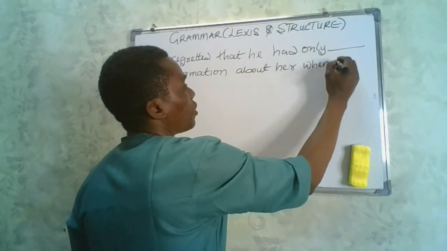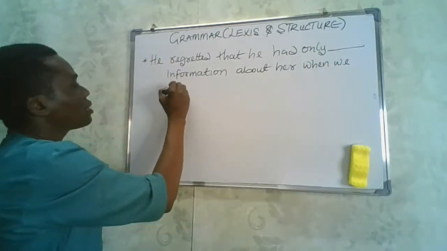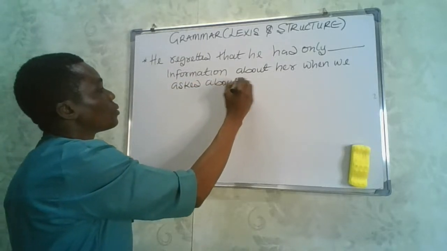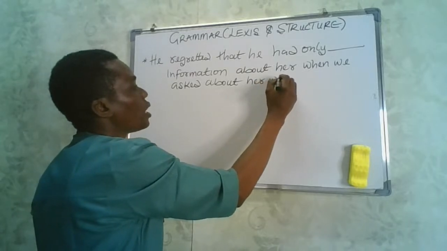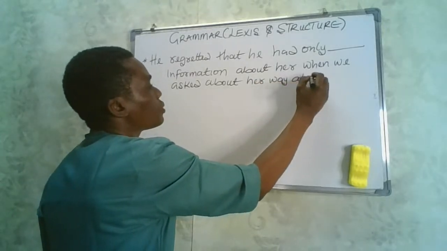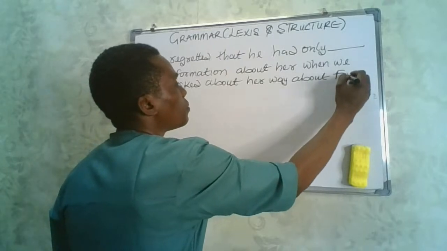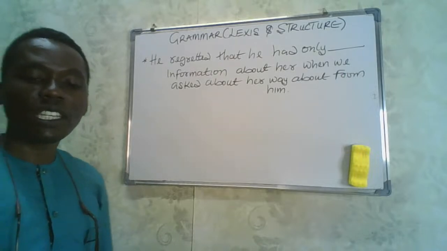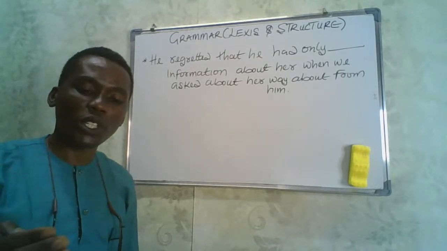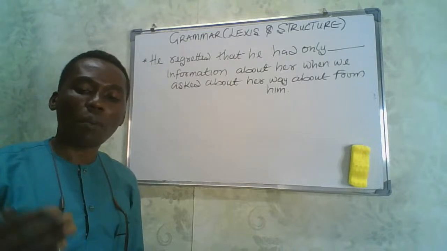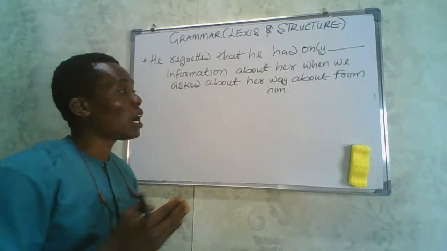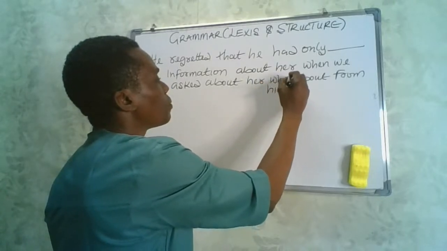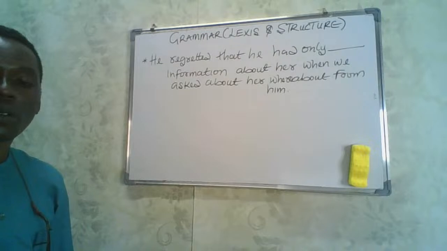What a long sentence. So you see, he regretted that he had only dash information about her when we asked about her whereabouts from him.